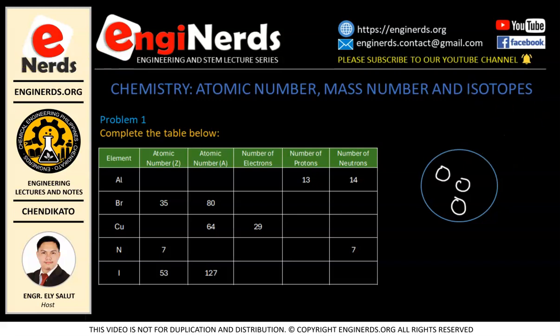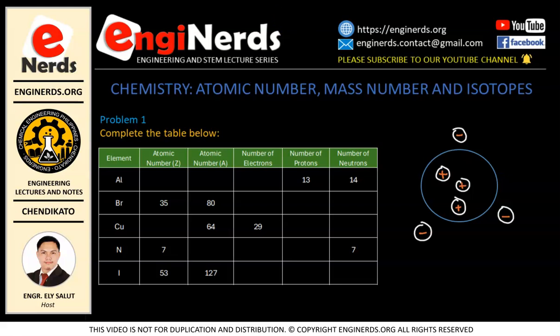These protons are positively charged. For neutral atoms, the number of protons inside the nucleus should be equal to the number of electrons outside the nucleus. So if we have 3 protons inside the nucleus, we should also have 3 electrons outside our nucleus. And these electrons are negatively charged.